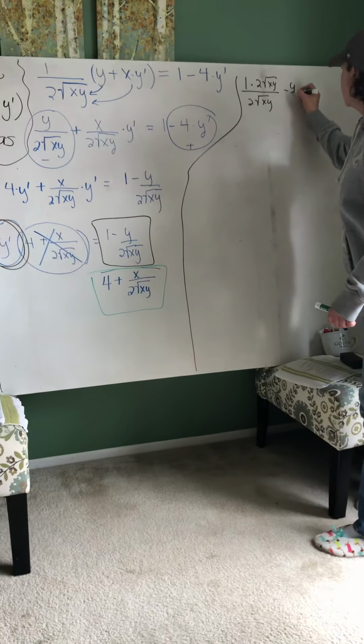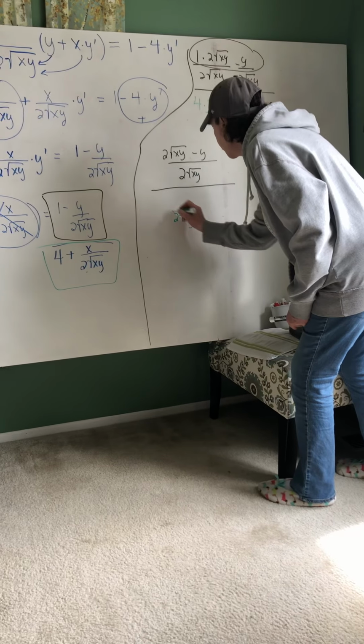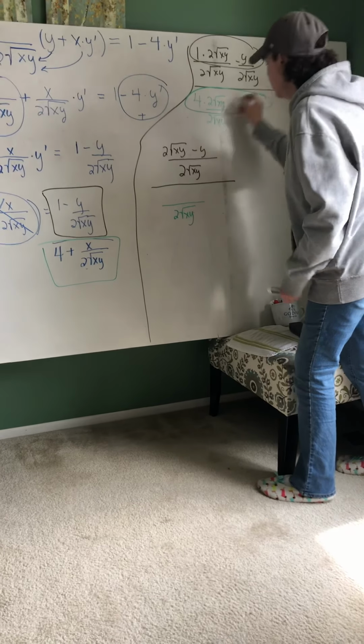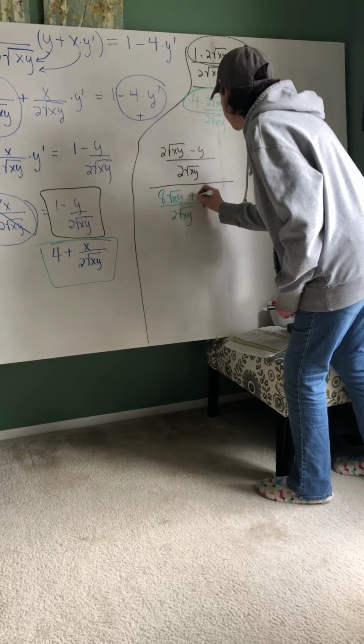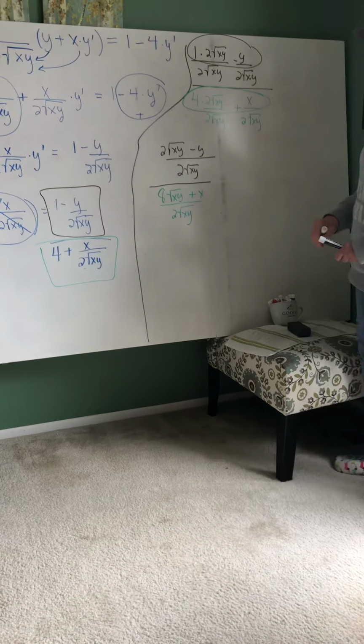I'm going to write this as one fraction in black. There's our new numerator with a common denominator. And in green, I'm going to write that new denominator. All right, there we go.